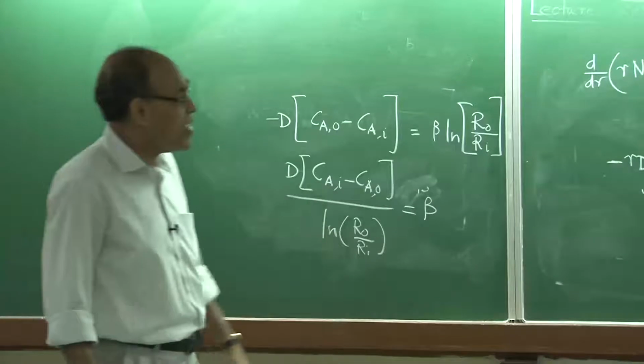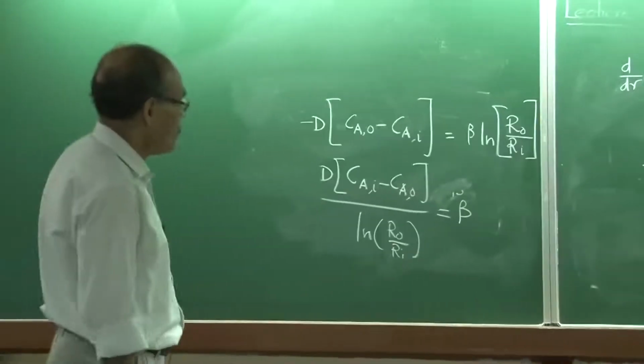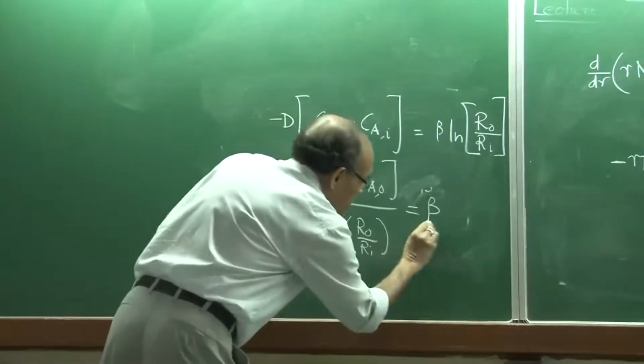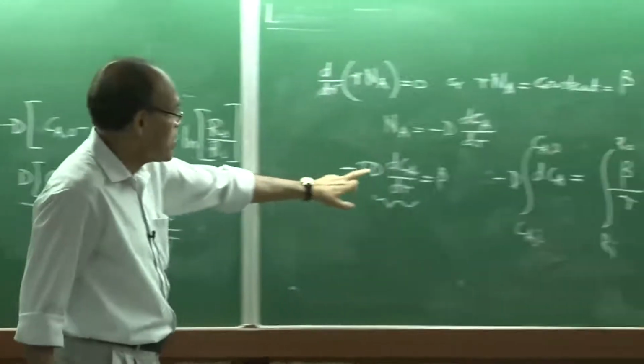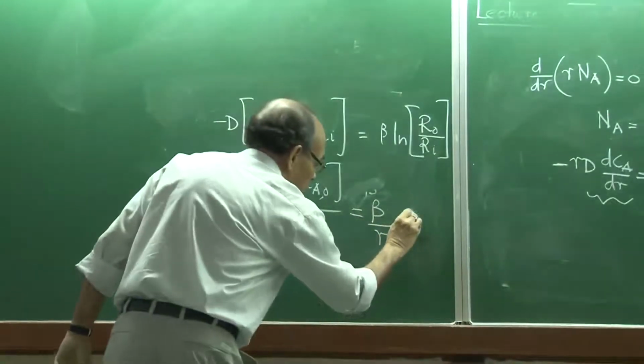And what we have seen here is that beta by R is going to be the flux. So beta by R, as far as this equation here, is the flux.